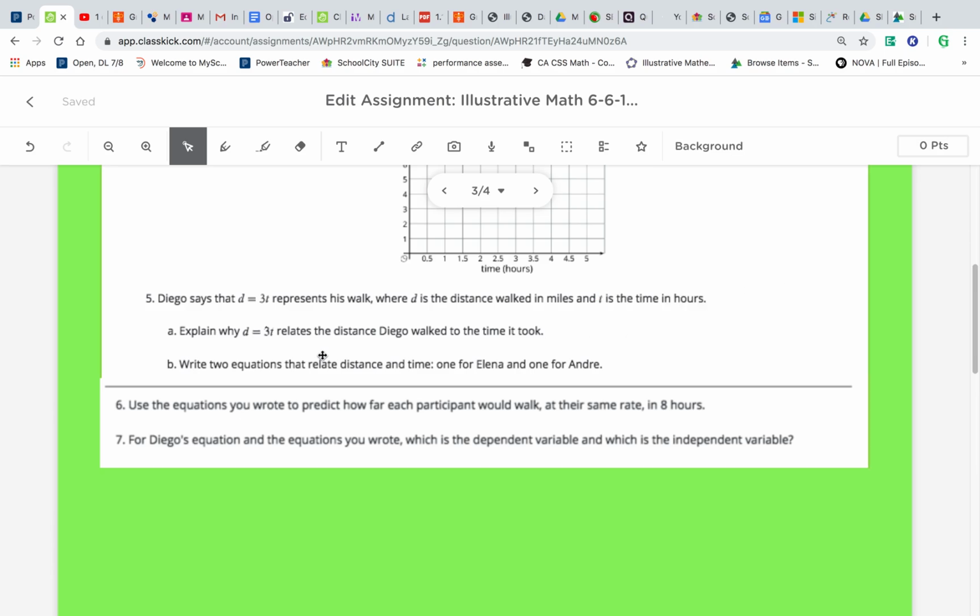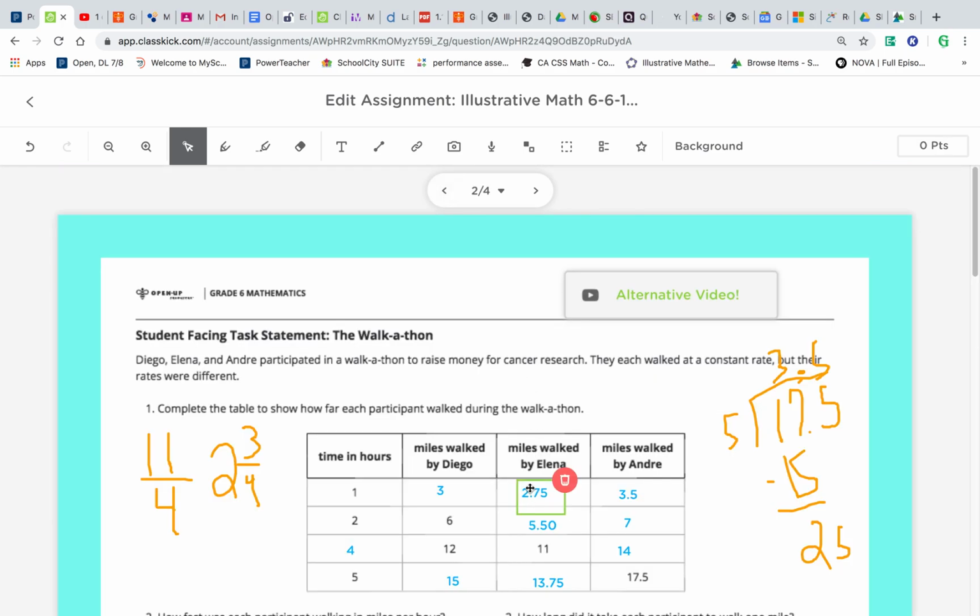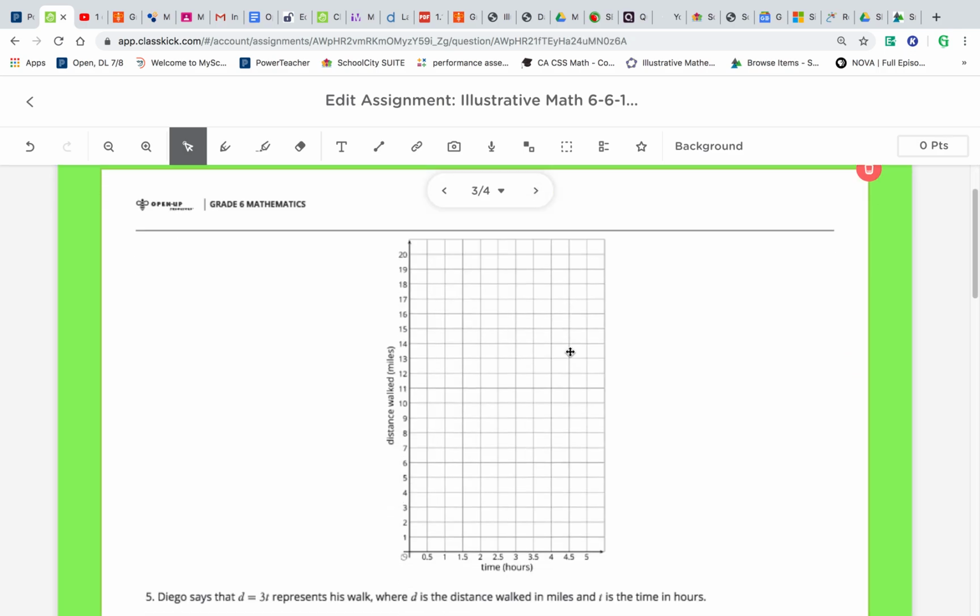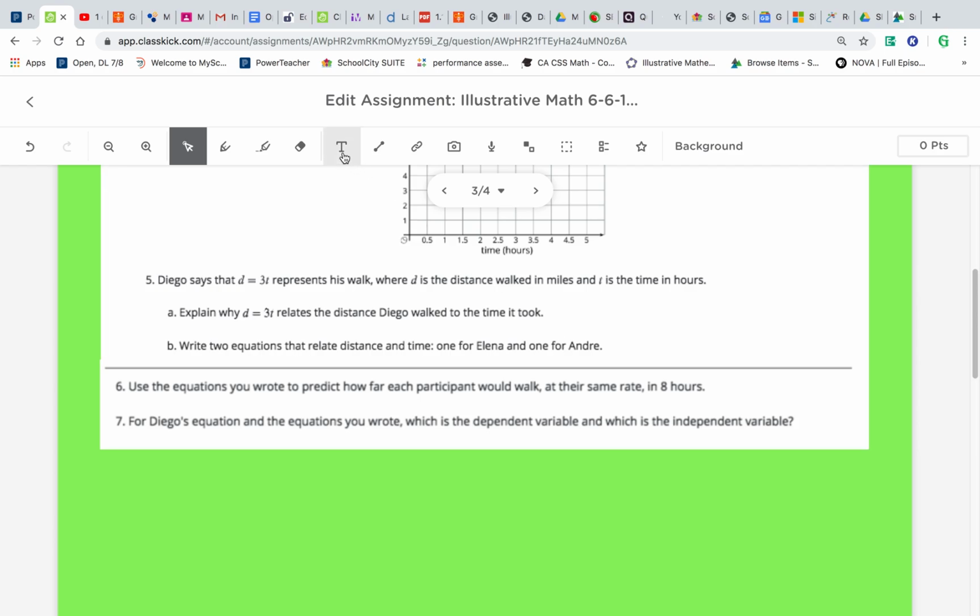So then we want to write equations for Elena and Andre. It's the same idea. It's just that Elena, if you remember, was 2.75 miles, and Andre was 3.5. So for Elena, d equals, not 3t, but 2.75t.